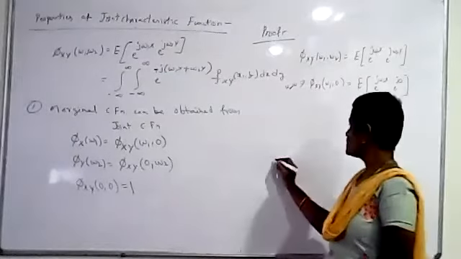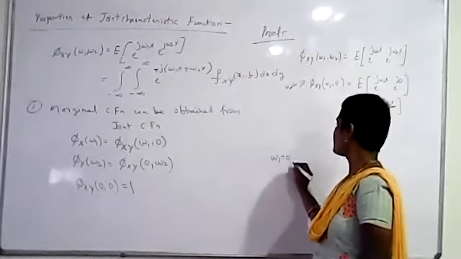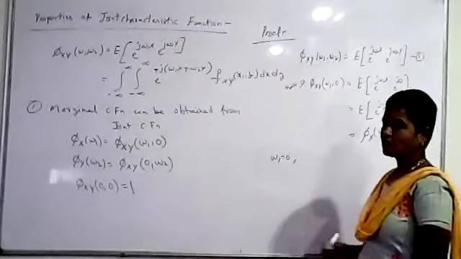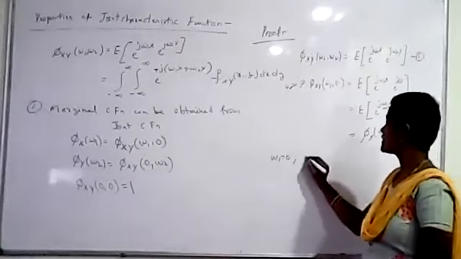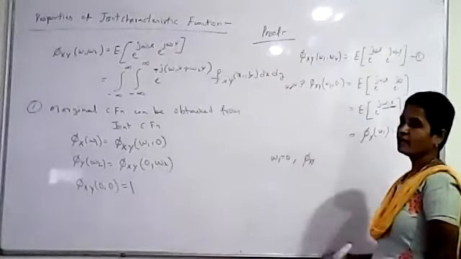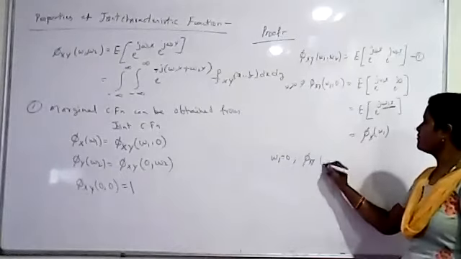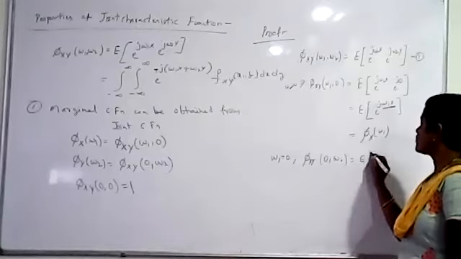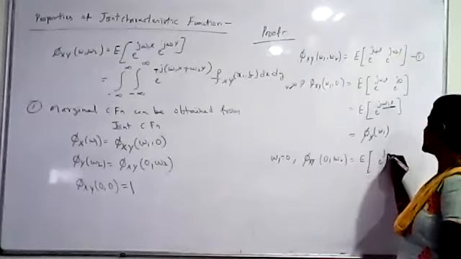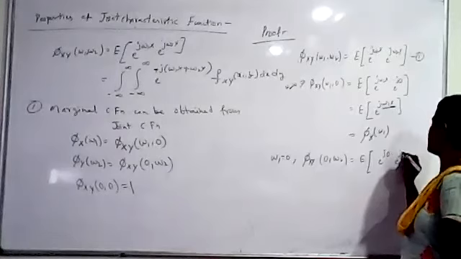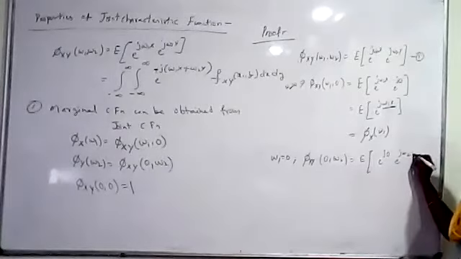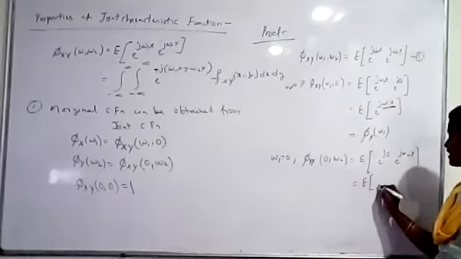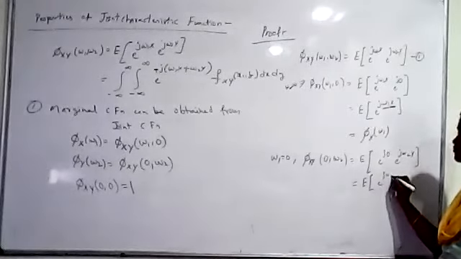Okay. Similarly, substitute omega 1 is equal to 0 in equation 1. So we get phi xy of 0 comma omega 2, which is the expected value of e power, omega 1 is 0 here, we have only omega 2, yes or no? e power 0 is 1, no? So we have only e power j omega 2y.